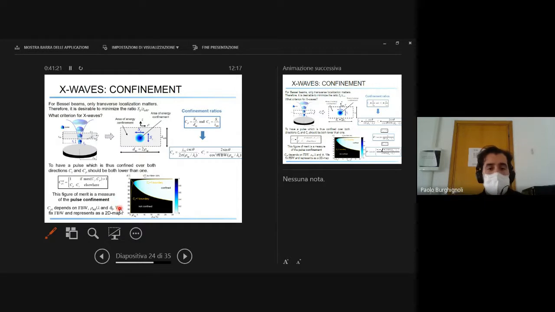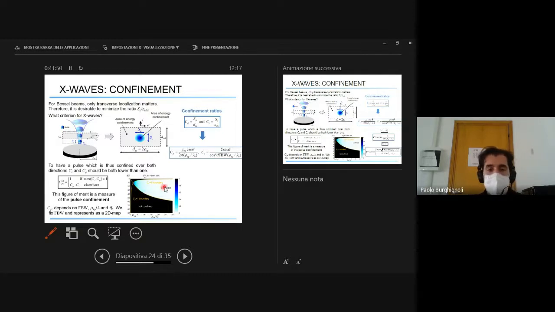And if we report this figure of merit in a contour plot, where we have this figure of merit as a function of the aperture size on the x-axis and the hexagon angle on the y-axis, we obtain this figure that shows the boundaries where we can say that the pulse is confined or not confined.